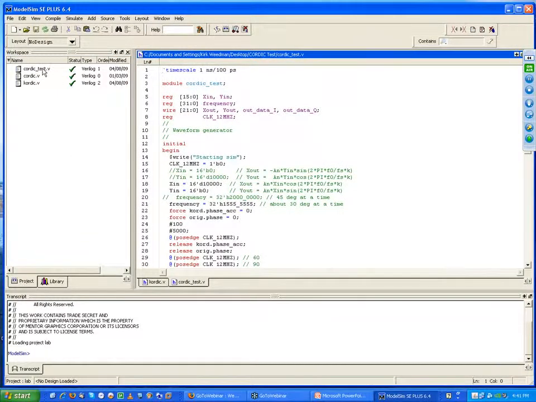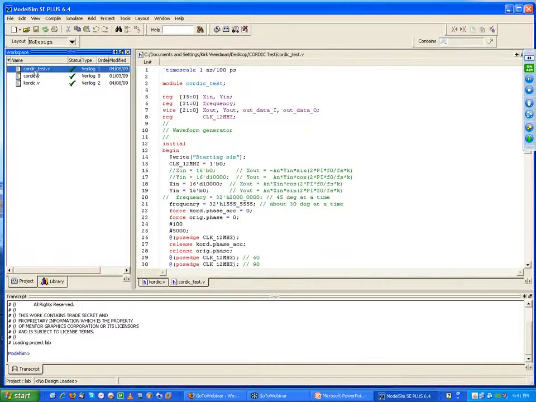Here we go. I created a real simple test case. Maybe I can upload this to the website if you want to play with it just to see it work. This is my test program, and I included both the original CORDIC.v and this new one. So we're going to simulate the two just so you can kind of see how they operate.